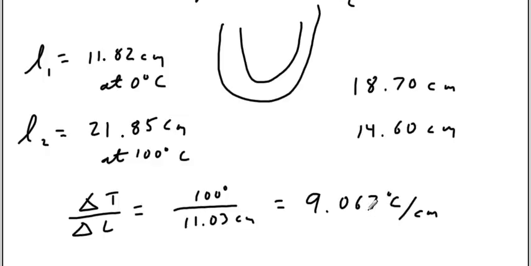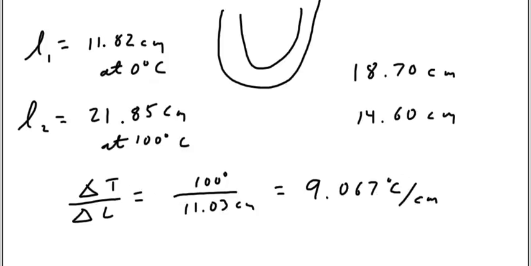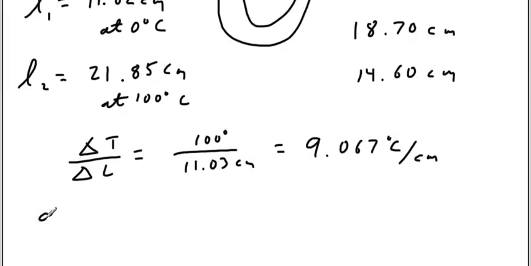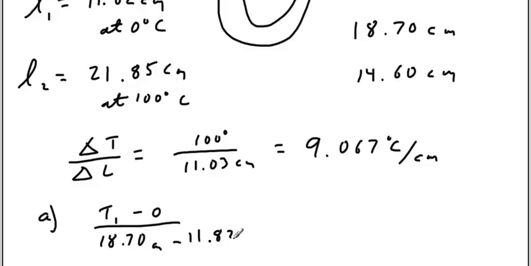Okay, well, now that I know how much I'm going to change per centimeter, I can then find what temperature I have at 18.75. Okay, so T1, the thing I'm looking for, minus 0 is going to be equal to 18.70 centimeters minus 11.82 centimeters.